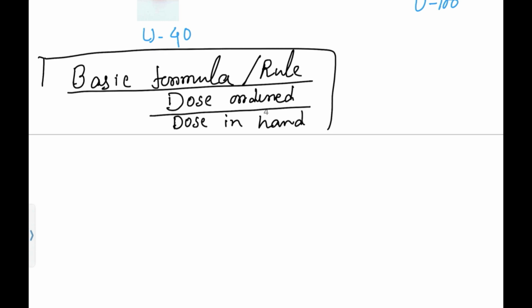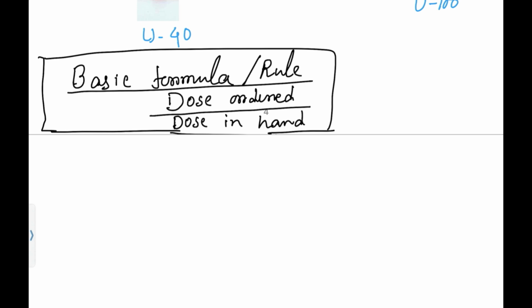So this is the basic formula you should know before calculating this insulin dose or any kind of medication. This formula is always used when the dose is written in units. The doctor will advise you to give 12 units of insulin to that patient, or 30 units of insulin to that patient. So you need to measure how much ml of that particular insulin you will give to the patient.